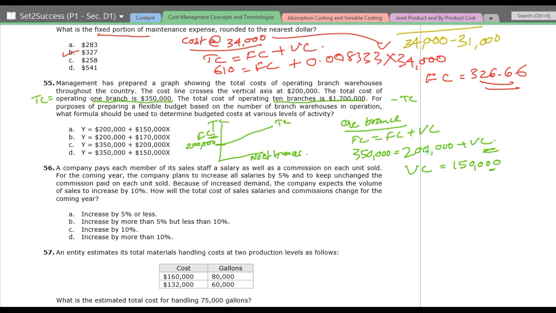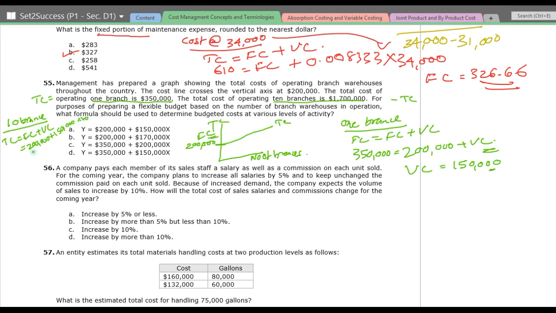Now let us find the cost for 10 branches. So for 10 branches, total cost is equal to fixed cost plus variable cost. Fixed cost we have 200,000 and variable cost is 150,000, and it is for 10 branches.